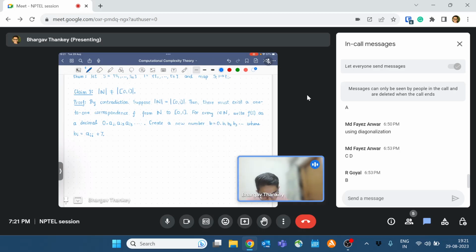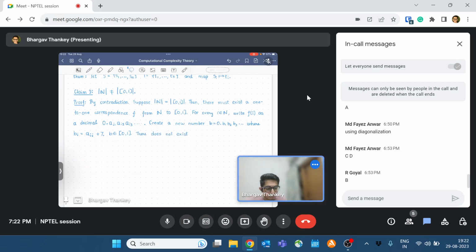And now the claim is that there does not exist an i such that f of i equals b. But first, even before that, b is clearly in 0, 1, right? Because it's 0 point something. So what's the meaning of this bi equals aii plus 7?